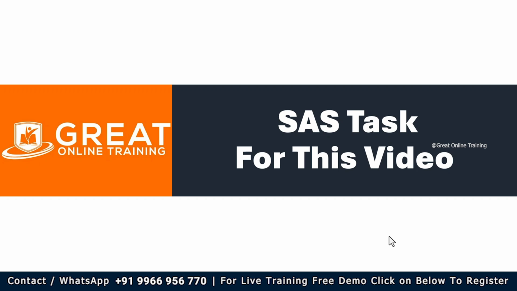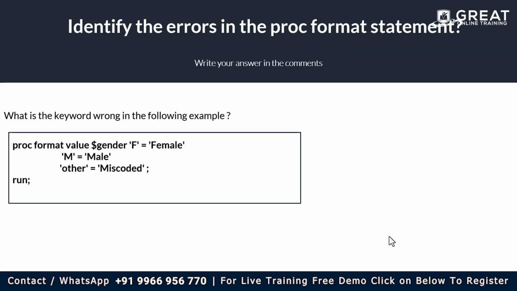Let me give you a small task on this so that you'll be able to understand whether you have followed my classes well and understood the concept or not. For this, what you can see is: identify the error in the PROC format statement. I have given a bit of a program here. You need to identify the error in it. What is wrong in the following example?